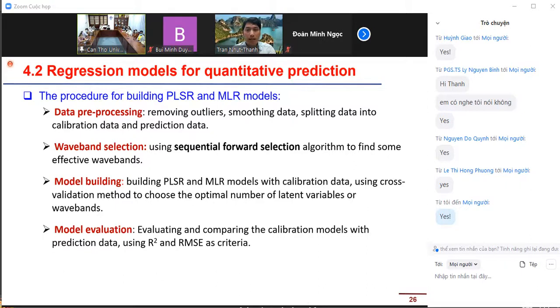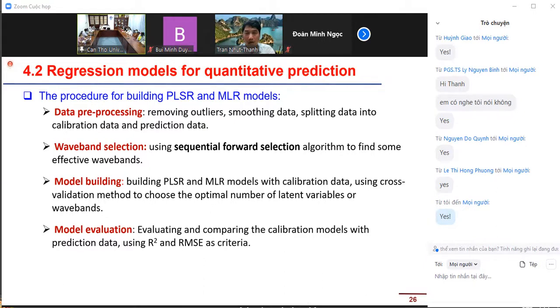After collecting the data, the procedure for building regression models follows data preprocessing, including removing outliers and splitting data into calibration data and validation data. For waveband selection, the sequential forward selection algorithm was used to find some effective wavebands from the 18 wavebands.